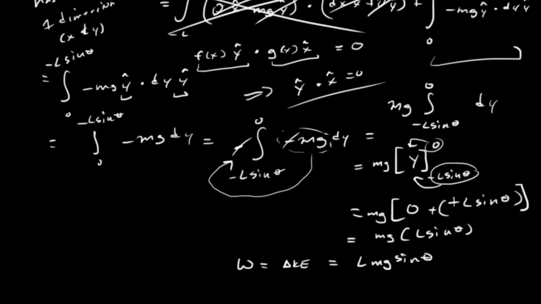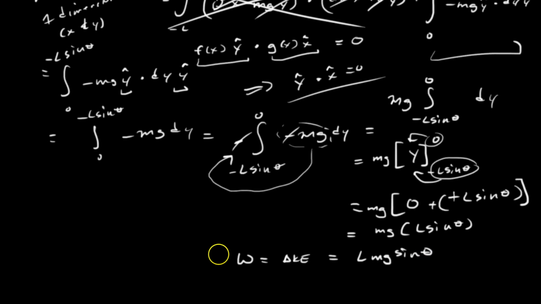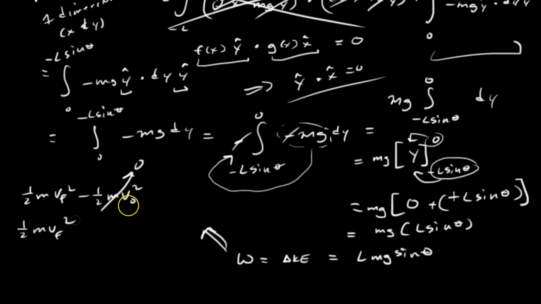Okay? And then I said before, that change in kinetic energy is 1/2 m Vf squared minus 1/2 m V0 squared, but V0 is 0. So it's just going to be 1/2 m Vf squared is equal to the change in kinetic energy, which is just this, L mg sine of theta.